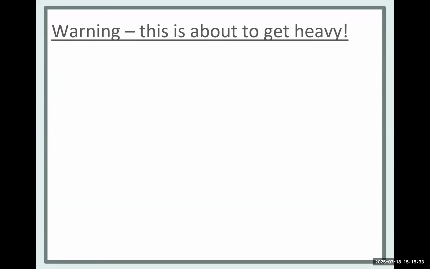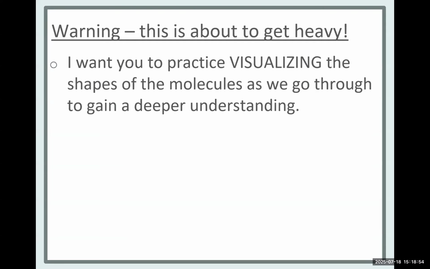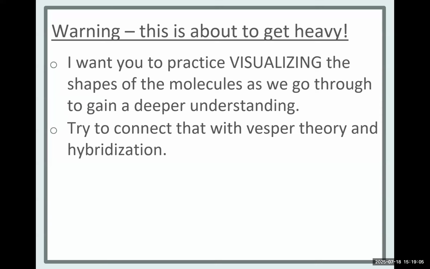Now, I want to go ahead and pick up here, and I do think this is going to get a little heavy, and maybe it already felt heavy, or maybe you felt like this was a bit of a review, but organic chemistry is really all about visualizing molecules and trying to figure out how they interact. So even if it's hard, I want you to try to visualize the shapes of molecules as we go through the rest of this chapter and the future chapters to gain a deeper understanding of what's going on and why things might be acting the way they are.